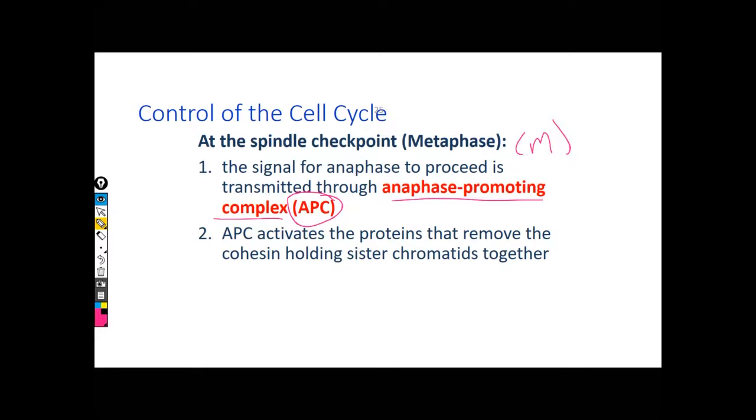Up to this point, the movers can pull on their spindle fibers as hard as they want. Our sister chromatids are not going to pull apart. They're stuck there. They're glued together. What we need is the say-so from the boss. And this anaphase promoting complex is the boss, and he has to sign off before anything can happen.